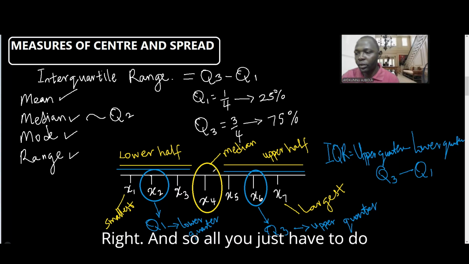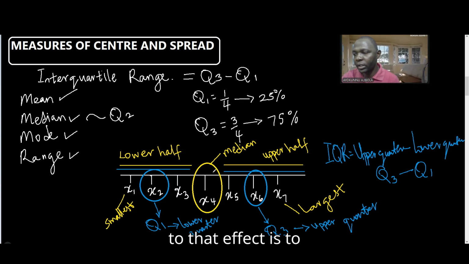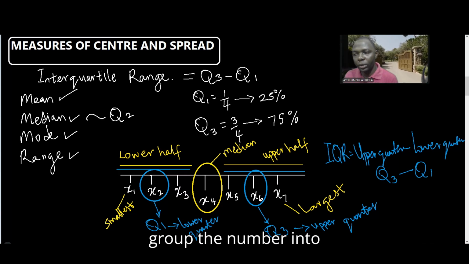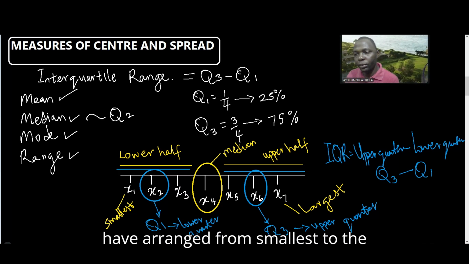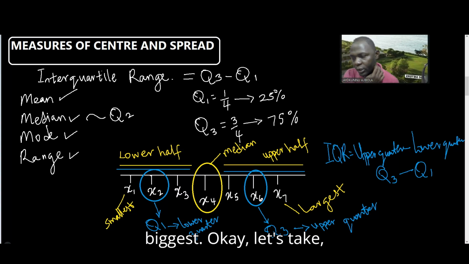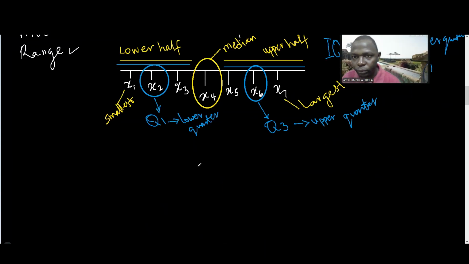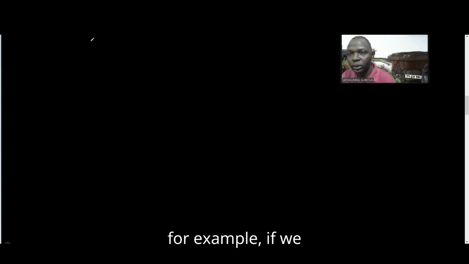All you just have to do to that effect is to group the numbers into half to the right, half to the left when you have arranged them from smallest to the biggest.